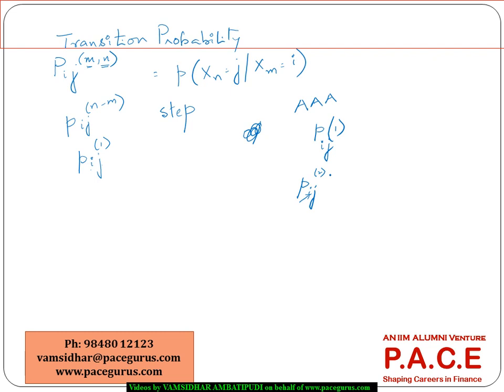Whenever I am talking about the n step transition matrix, it is nothing but within n time periods, what is the chance that an entity currently in state I moves to state J. Under this scenario, we talk about a set of equations for how we solve those transition probabilities.